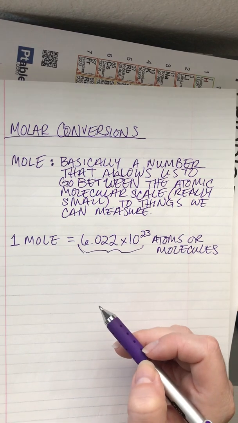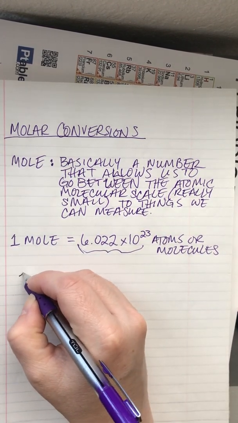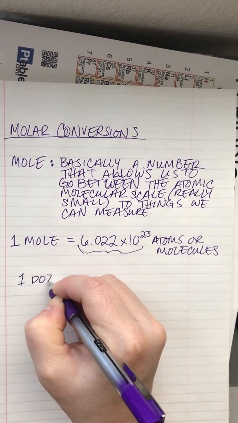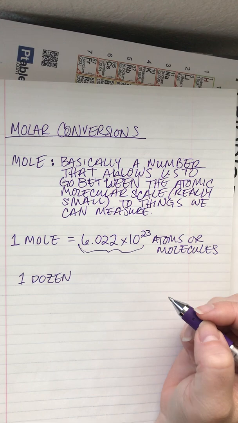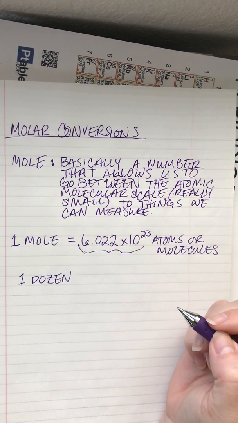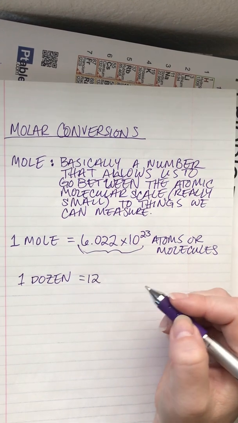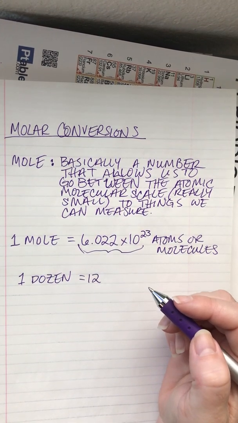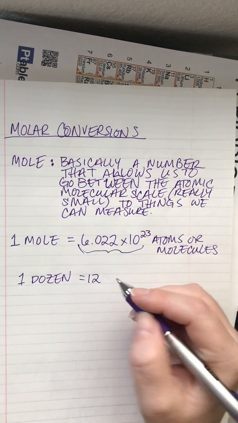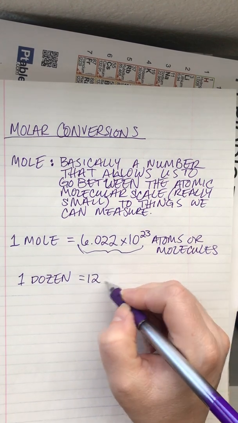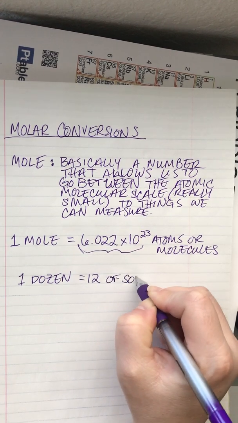But it's not a special number per se, right? There's this thing called the dozen. What does that represent? 12. 12, exactly. Why 12? I don't know. It was convenient at some point, and so they utilized this, but it's 12 of something.